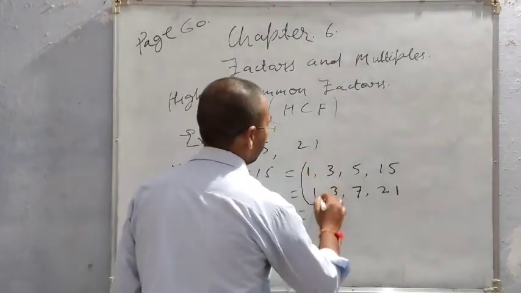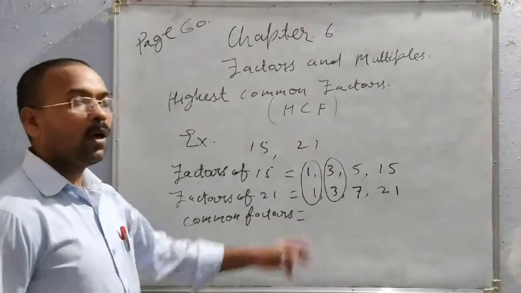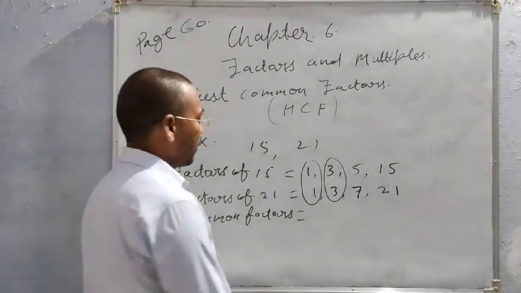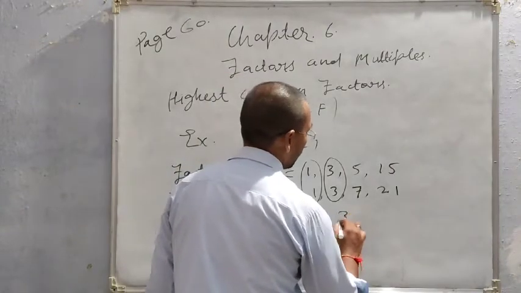So see here, these and these. Here 1 and 3 are common factors of 15 and 21. So you have to write 1 and 3.